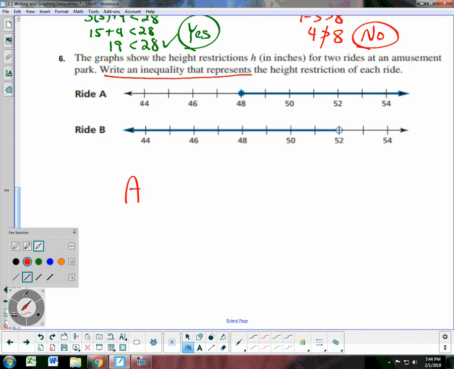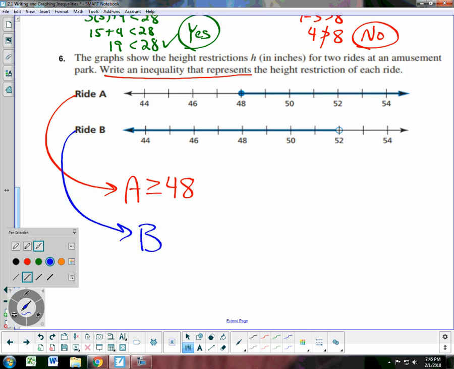Therefore, it's going to be greater than or equal to, and the number that we're focusing on is 48. So that's ride A. Ride B, well, 52, looks like you have to be shorter than 52 inches. So that's less than, not or equal to, because of the open circle, and 52.